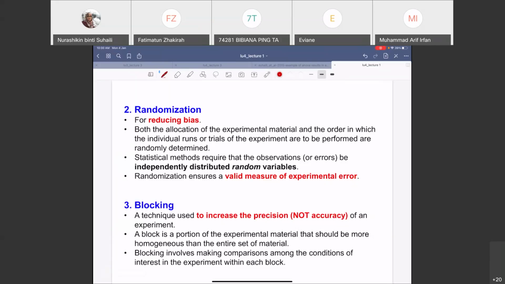Blocking involves making comparison among the conditions of interest within each block. So when you set the blocking, like year 1, year 2, year 3, it's not just that you can compare across the treatment, like maybe you are comparing different programs, how the students in aquatic program, zoology and plant spend on reading.